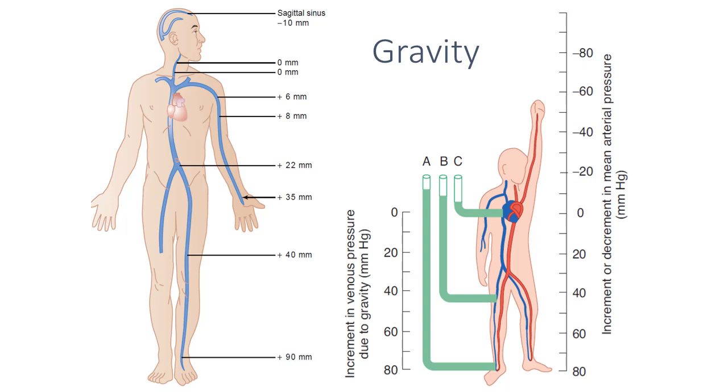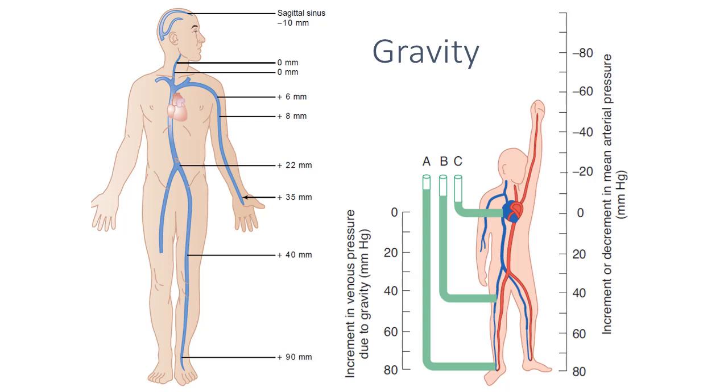So by adding the effect of gravity in the feet, the pressure of the artery is about 190 millimeters mercury. So the pressure of arteries is higher in the feet. But this is not as important as the pressure of veins, because arteries can send the blood into the veins.